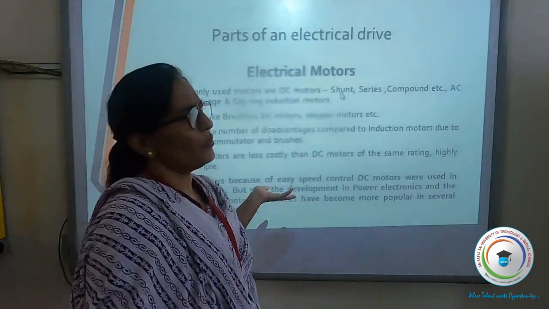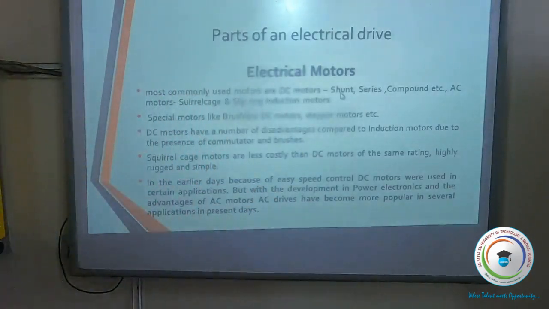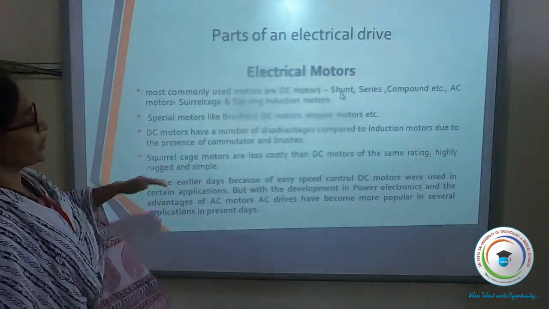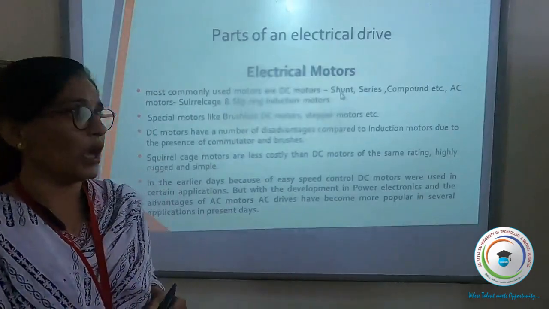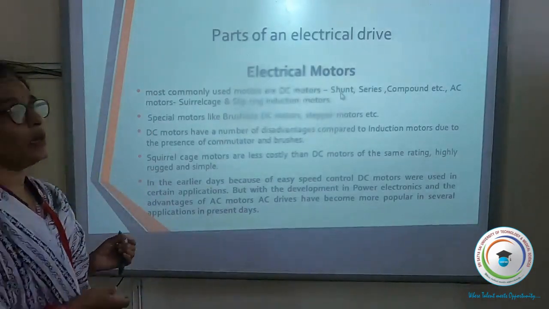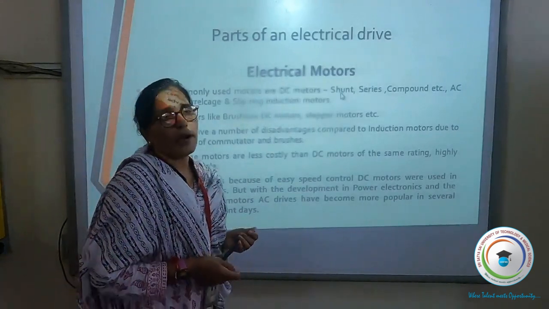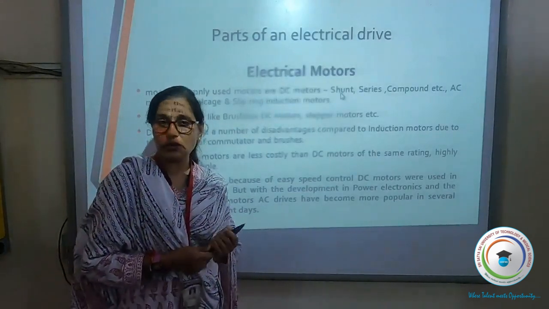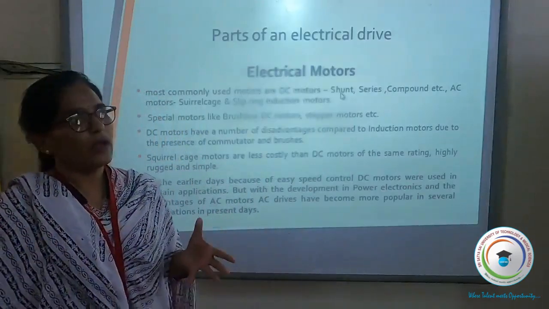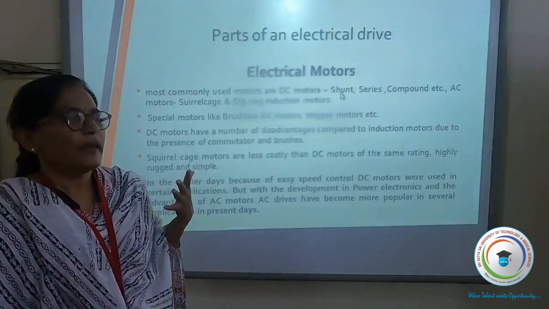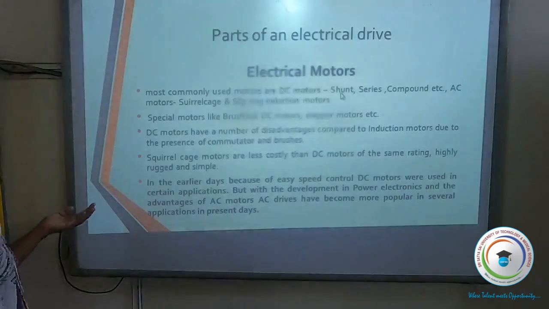so many other motors are also there, like universal motors. Generally, DC motors have a large number of disadvantages over AC motors. So nowadays, in almost all electrical industrial systems, induction motors are employed because they are robust in nature, they have smooth performance, they are easily available and easy to operate.